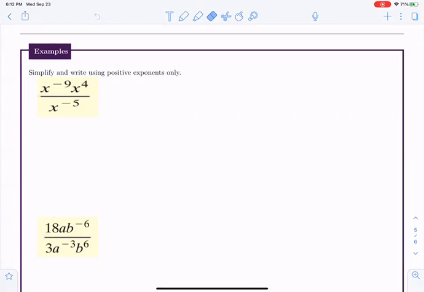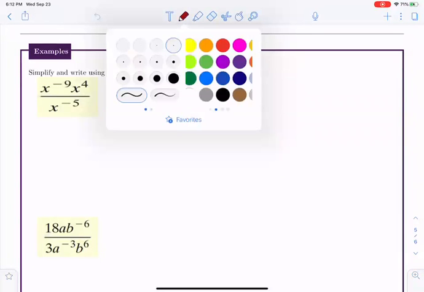Some would like to take care of the numerator terms, then simplify it with the denominator. At the end of the day, it is simply a matter of choice. So what I am going to do is take care of the numerator terms first.